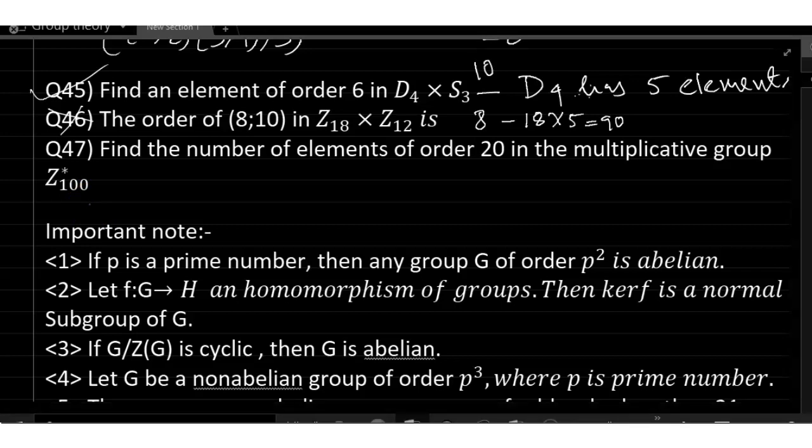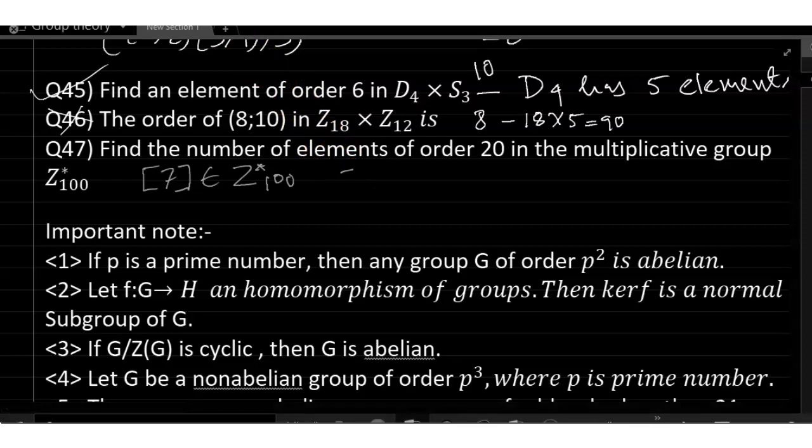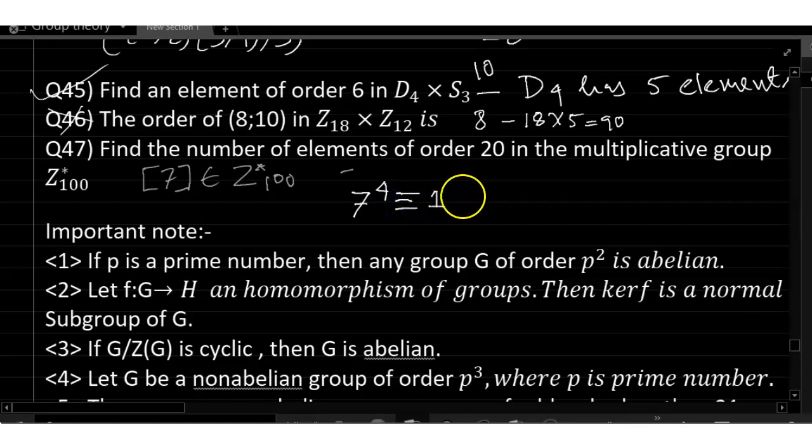The order of class of 7 belonging to Z star 100: 7 to the power 4 equals 1 modulus 100.